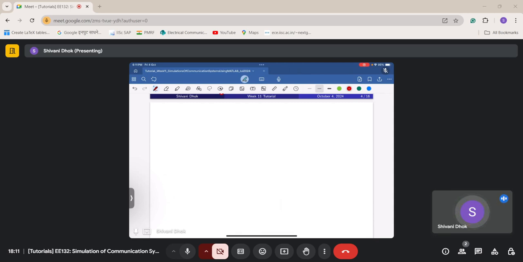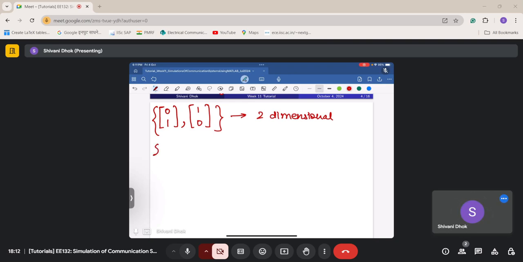This is equivalent to the vector representation also. If I have this set, then this is basically two-dimensional. These two are linearly independent, and they are orthogonal also. Then if I consider 0, 1, 1, 0, and 1, 1, this is also two-dimensional. Why?